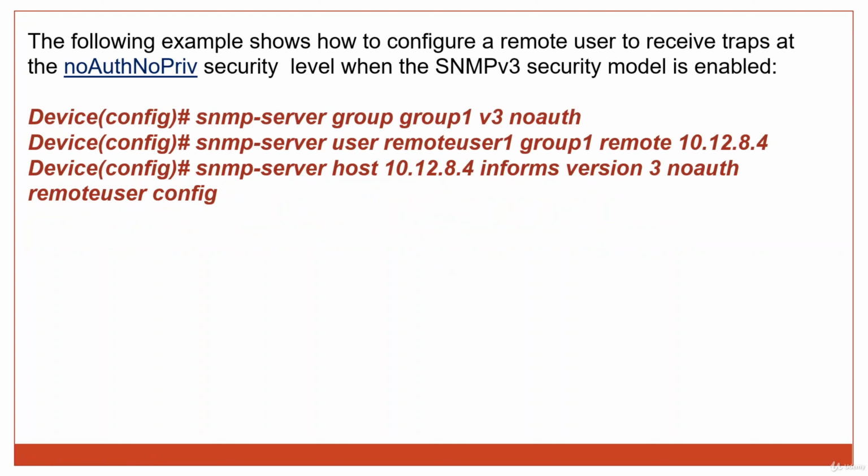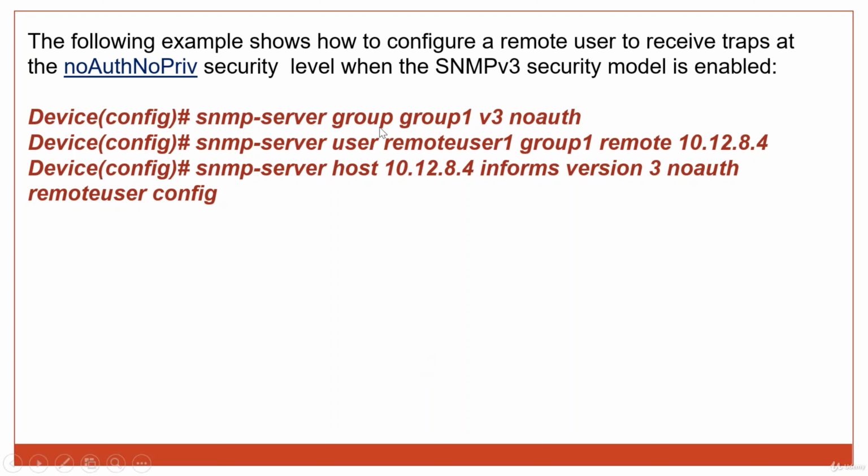Now again, we have the use case related to version 3. We know that in version 3 we have the group and the users belonging to the group. We can have the option if we want no authentication, no priv. That means we want a user-based SNMP version 3 configuration. So here you can see that you have to define the group.